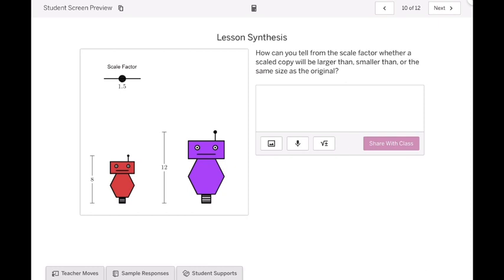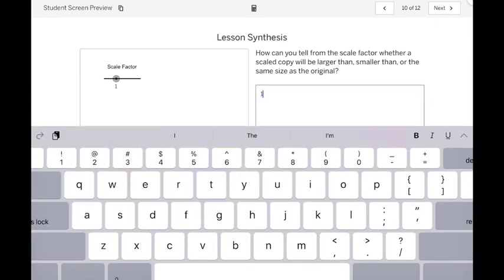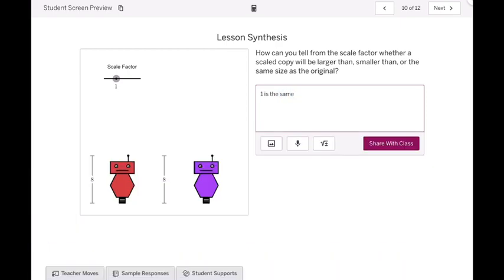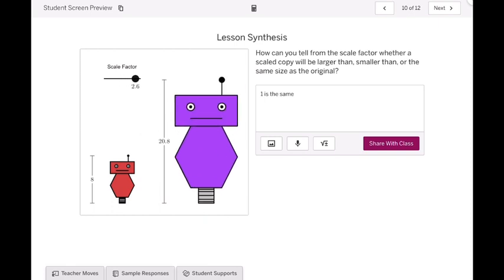So let's get it to be the same, because that's the part where it starts to change over. So if I have a scale factor of 1, it's the same. Okay, but what happens when it's above 1 or below 1? Now if I go to the left, I'm using numbers below 1, and it starts to get smaller until it's non-existent. Right? If I go more than 1, it starts to get bigger and bigger and bigger and bigger.